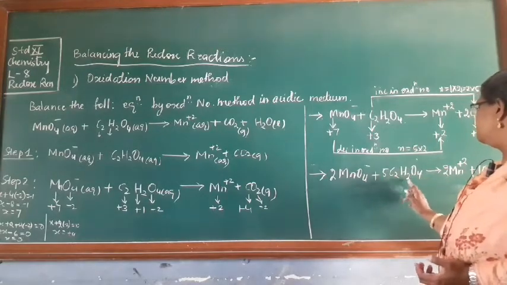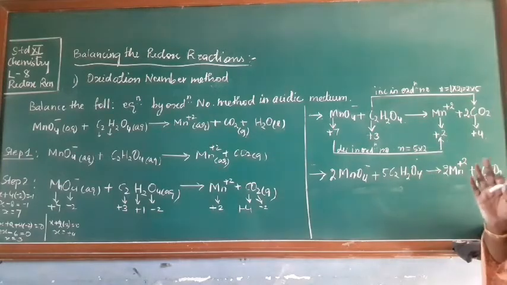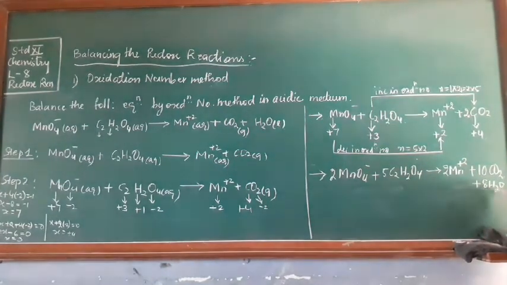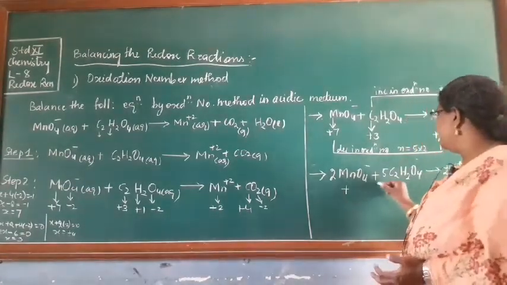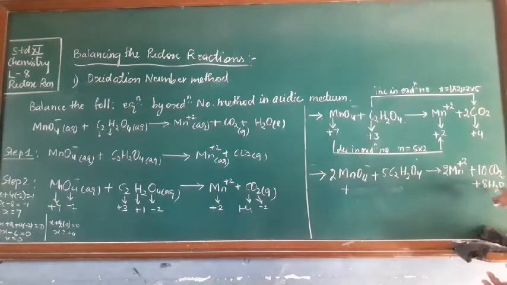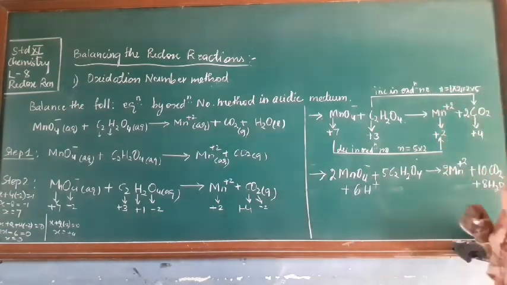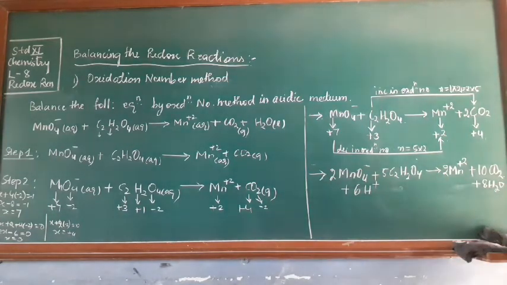How many H atoms do you find on the left hand side? You have 5 into 2, 10 hydrogen atoms, and here you have 16. So how many H plus should I add? 10 already and 16 needed, that means I should add 6 H plus ions there.